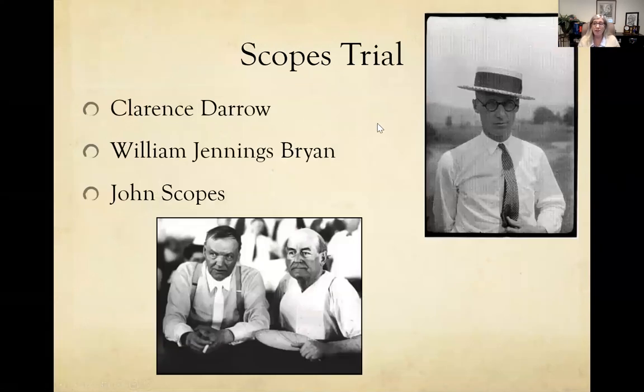And where we see this play out most convincingly in the 1920s is with the Scopes trial. Sometimes this is referred to as the monkey trial, because this is about the theory of evolution. Charles Darwin has published his book, Origin of the Species, which talks about natural selection and evolution, and it's challenging the biblical creation story.